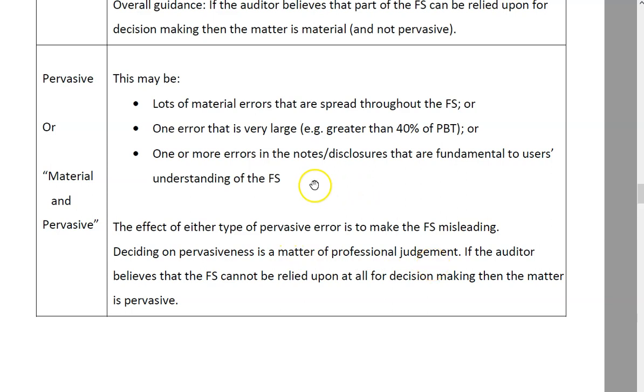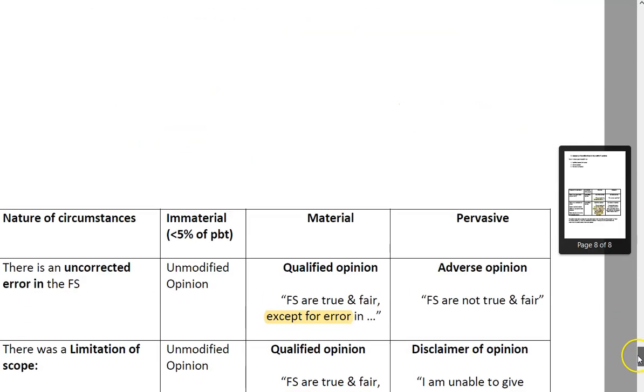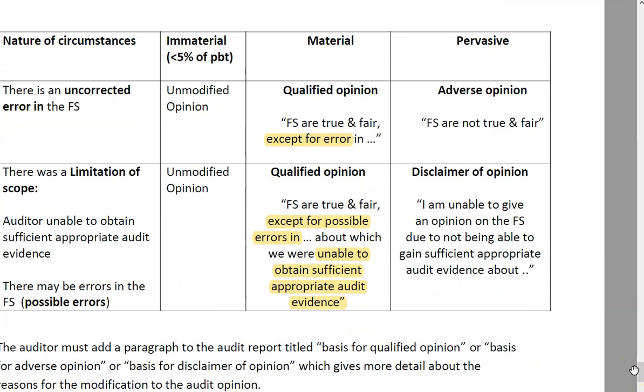But when you talk about pervasiveness, if you say the words that it's a pervasive error and it's made the financial statements as a whole misleading or unreliable, well then that shows you know what pervasiveness is. And then you're back down to this table, and then it's applying that to scenarios. So that's what I'm going to do in the next screencast, apply this table to the scenarios. So thanks for listening.